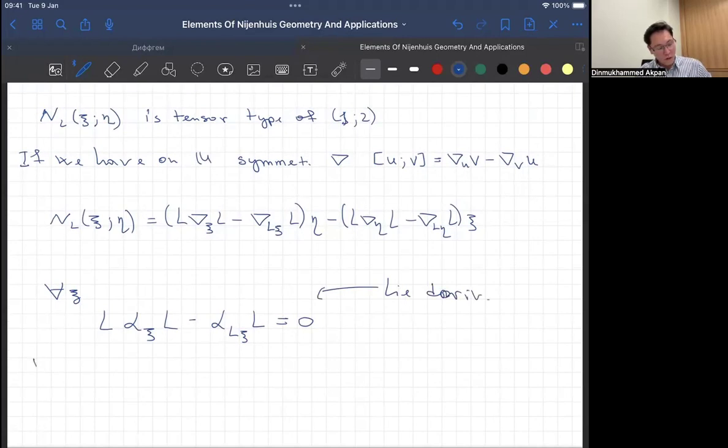In the local coordinates, we have I, J, K, yeah, 3 indexes.